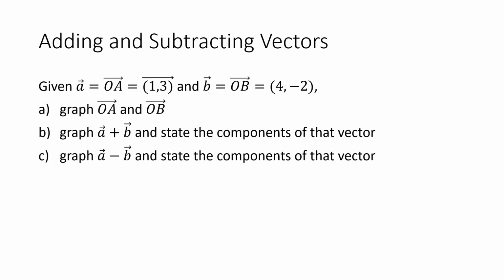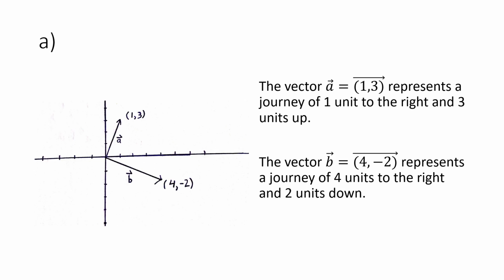Now, what if we are adding and subtracting vectors, as shown here? Well, suppose we have the vector A, which is 1, 3. That represents a journey of 1 unit to the right and 3 units up. And similarly, the vector 4, negative 2 represents a journey of 4 units to the right and 2 units down.